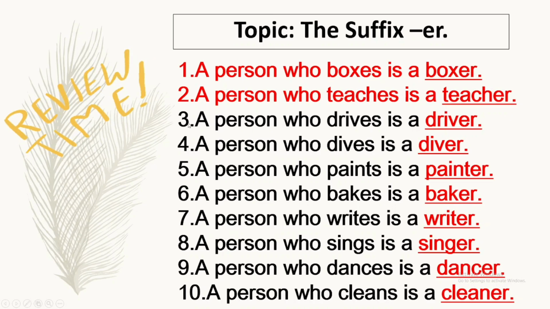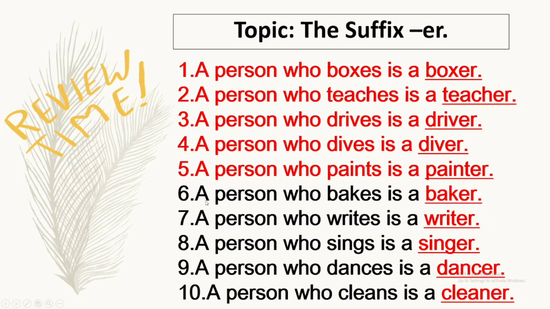Next, number 3, a person who drives is a driver. Number 4, a person who dives is a diver. They are not the same. Driver, diver. Number 5, a person who paints is a painter.